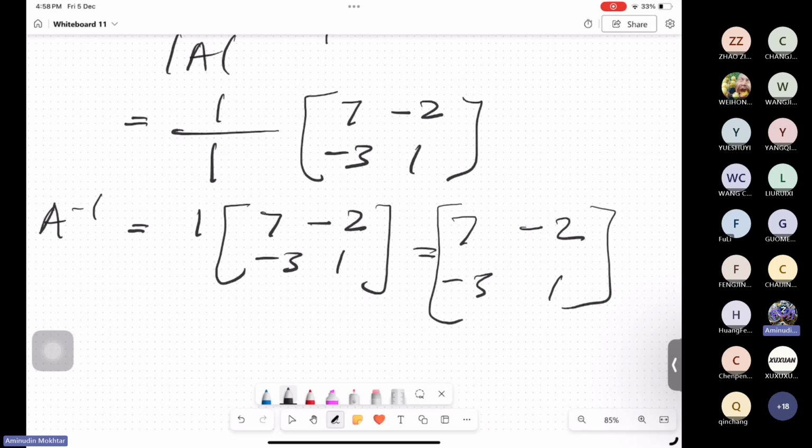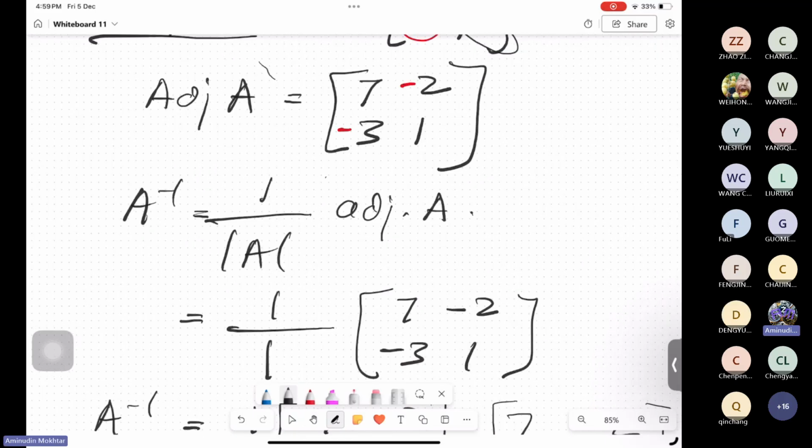That is A inverse. That's why this method is called the inverse matrix method, because we need to find the inverse first before we can solve the equation. Okay, so back to the question.